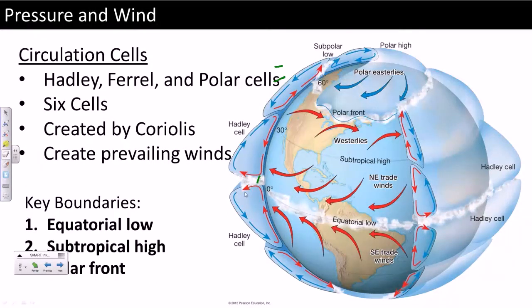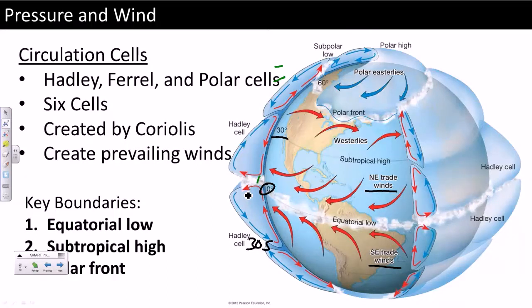You'll notice that these winds are labeled. Here in the equatorial region, between about 0 degrees and about 30 degrees south, and coming up here to about 30 degrees north, we have the trade winds, and they're named based on the direction that they're coming from.